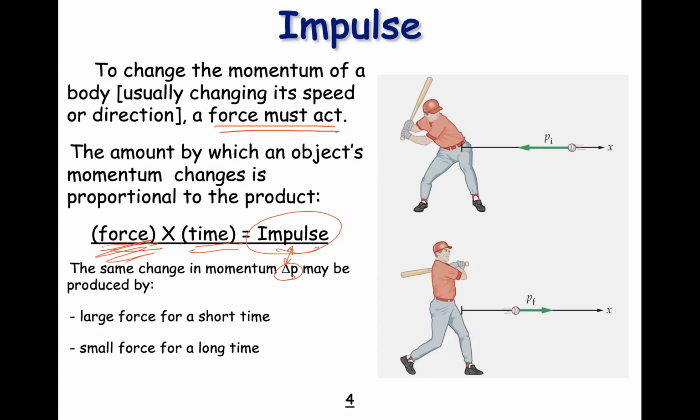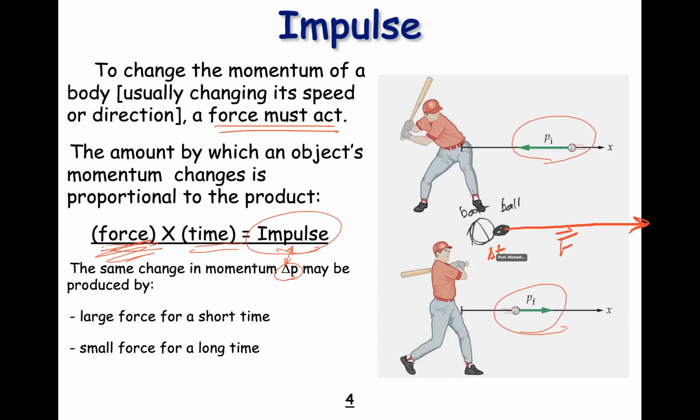So if initially we have some leftward momentum to this baseball at some initial time, and then after it's struck by the bat, it has some rightward momentum, what that means is in between, there had to be a time in the middle here where the ball and the bat, so here's the end of the bat, and here's the ball, that bat had to exert some sort of an impulsive force on the ball at that time, okay, over some very, very brief period of time, usually.